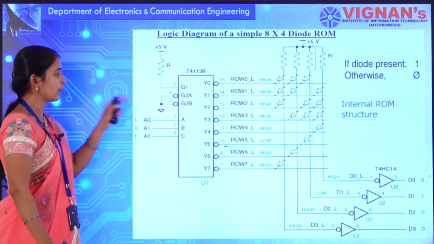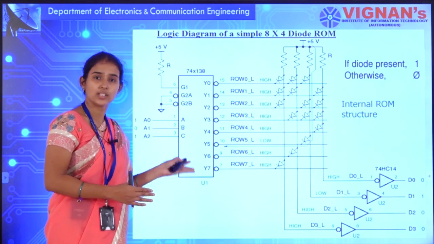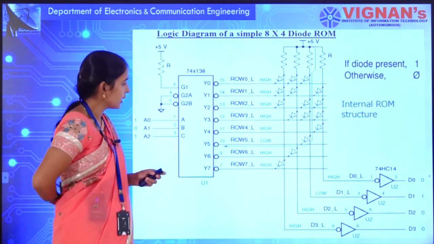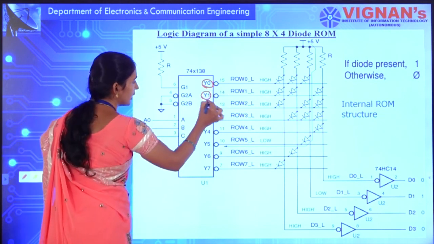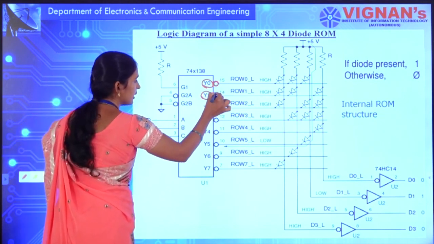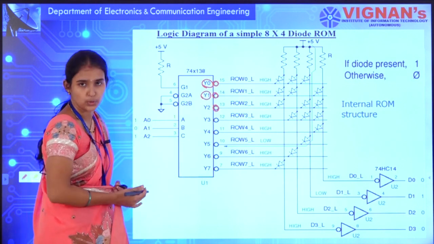Okay, coming here. See here, how do I know whether it is active low or active high? Y0, Y1 are indicated with a bubble, which indicates that all these outputs are active low outputs.